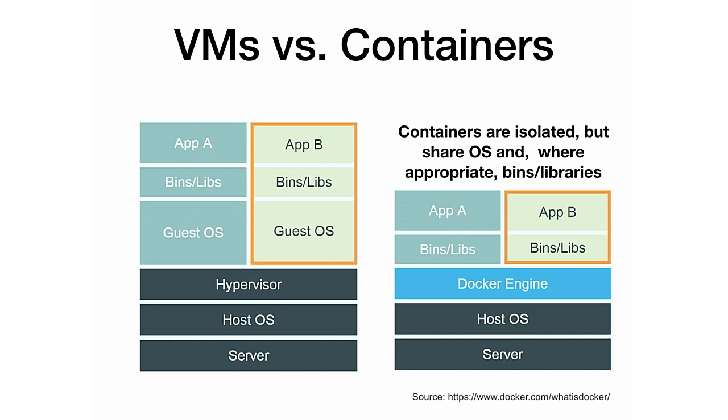Containers are thus exceptionally light. They are only megabytes in size and take just seconds to start. In contrast, VMs take minutes to run and are an order of magnitude larger than an equivalent container.